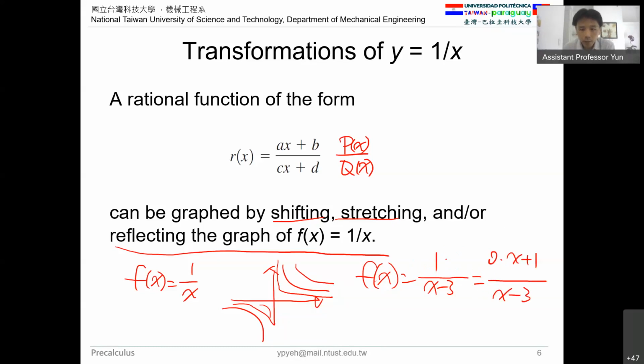So you can see it is the function 1 divided by x, but with x subtracted by 3, where the graph will be shifted to the right by 3 units, which we can understand from this term.